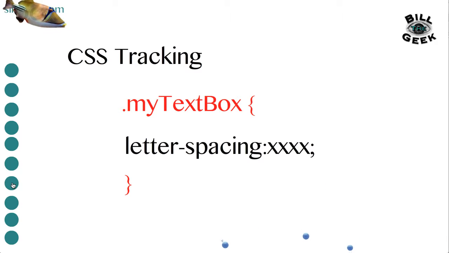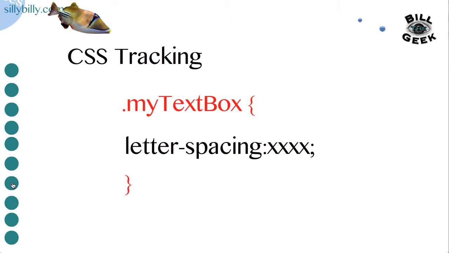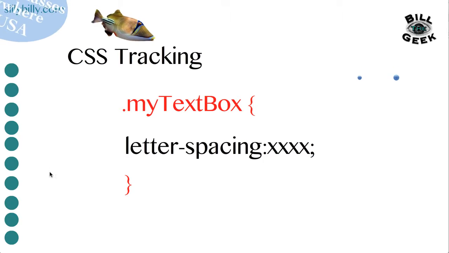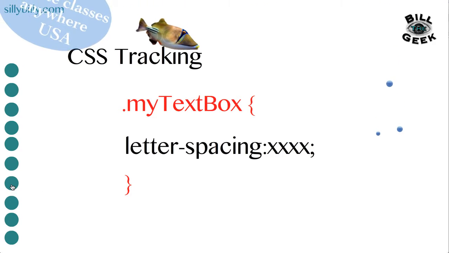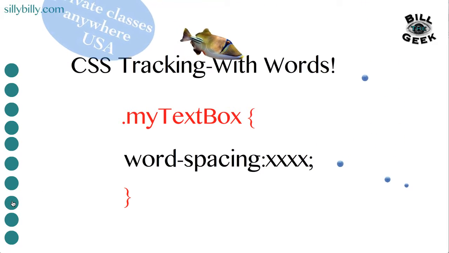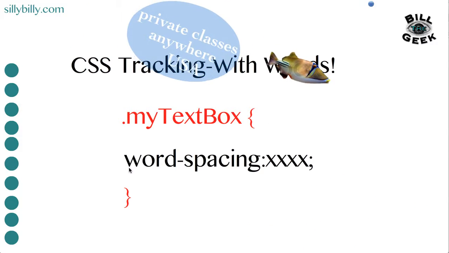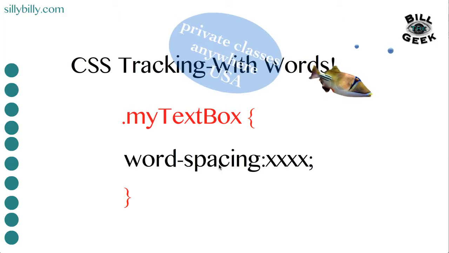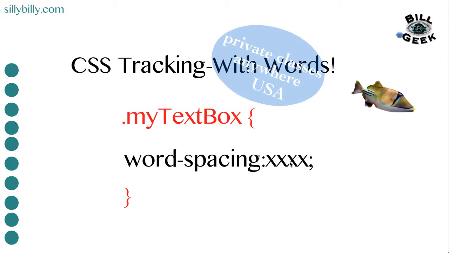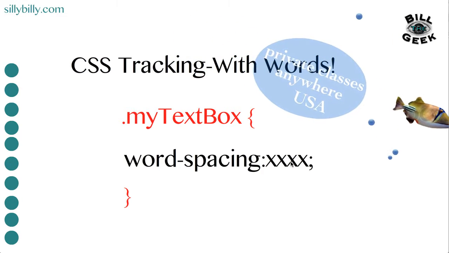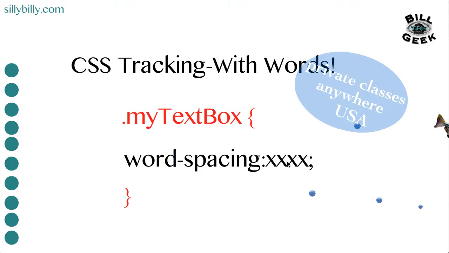So there you go. There's tracking, but CSS goes beyond regular letter spacing. CSS actually gives you the option to do tracking with words, or they call it word-spacing value. That's kind of handy. I bet you control freaks love that.